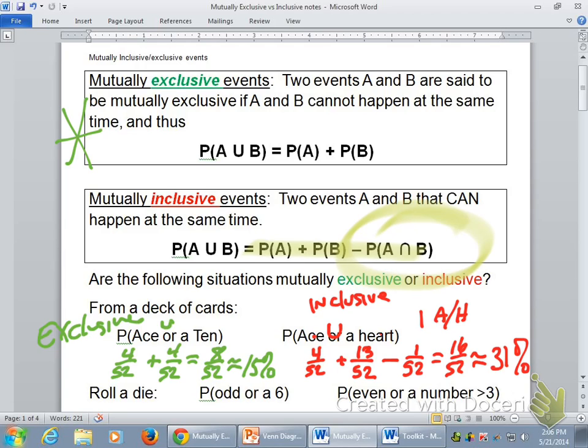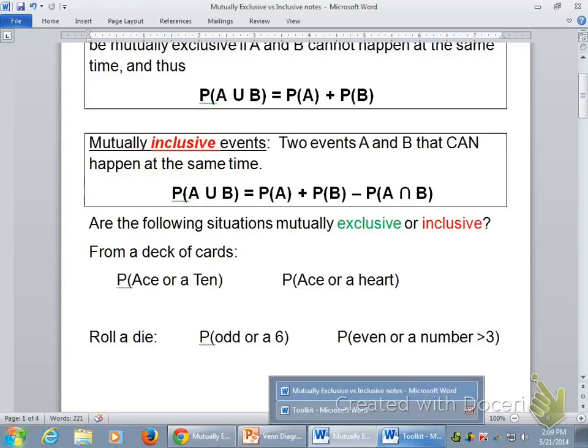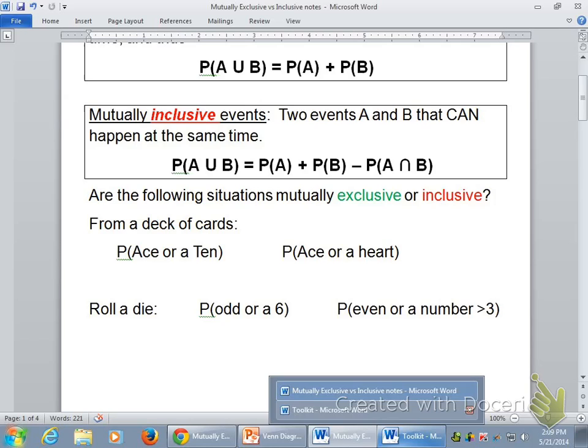I'm going to clear these out, and I'm going to look at those other two. I should have given myself a little bit more room for this next problem. All right, so we're going to roll a die this time, singular of dice.